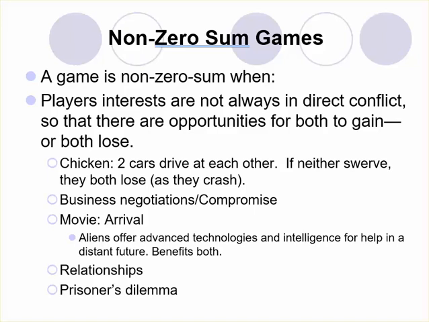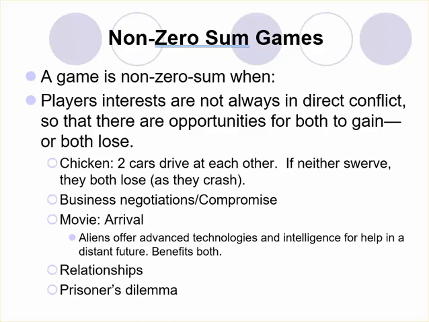And if neither one swerves out of the way, they're both actually going to lose because they're both going to crash. In business negotiations, it can be a non zero sum because if we compromise, we might actually both have positive benefits. Relationships are a non zero sum game. Hopefully, there's not a winner or a loser.